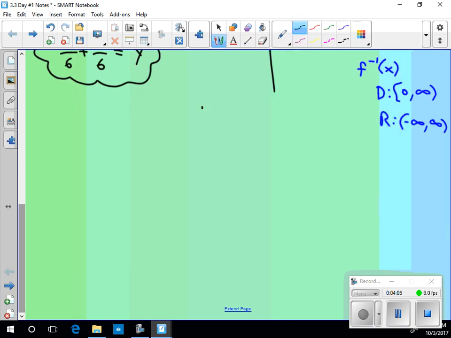Okay, here we go. Y equals x squared. I take and I reverse these, so x equals y squared. What I'm going to do is take the square root of both sides. If I take the square root of both sides, does y equal the square root of x?